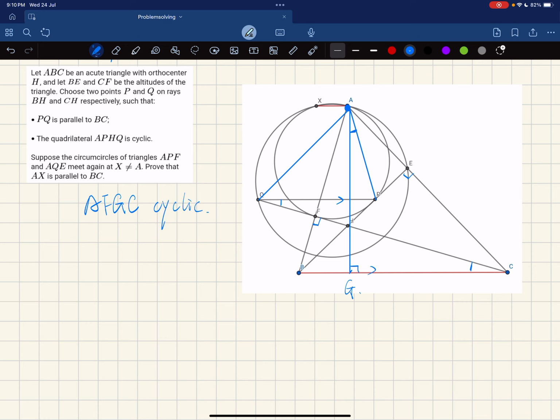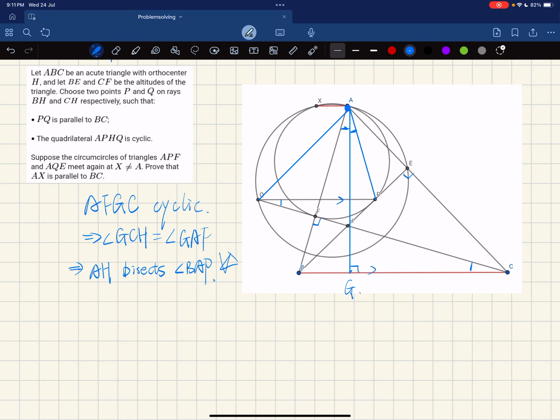So that leads to angle GCH equals angle GAF. So finally we'll find that AH bisects angle BAP.